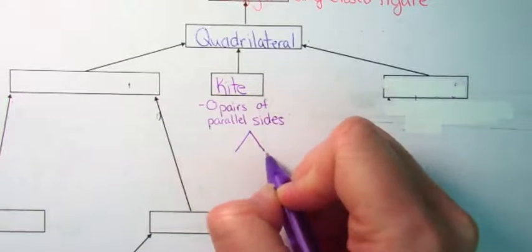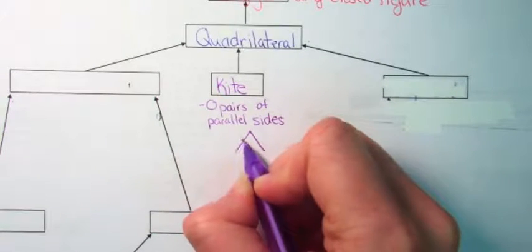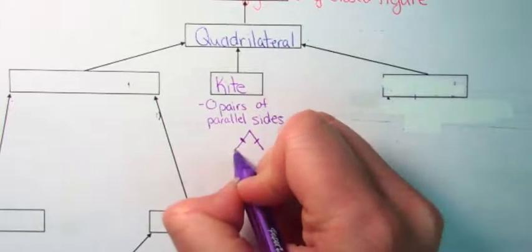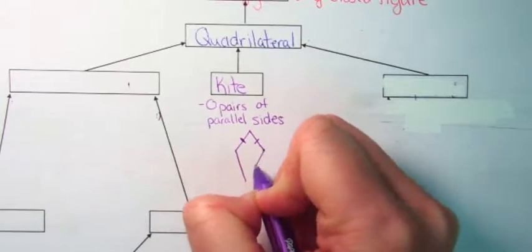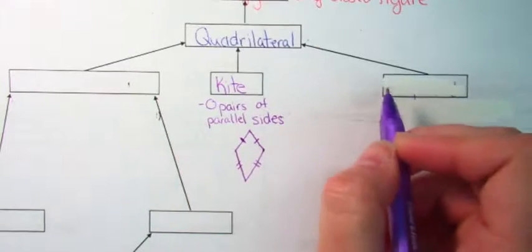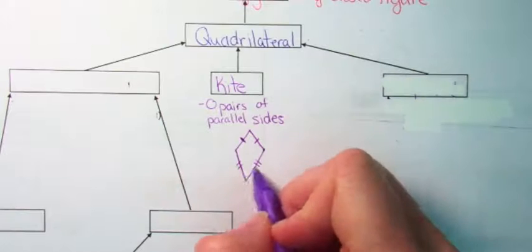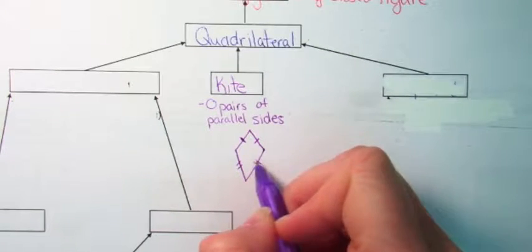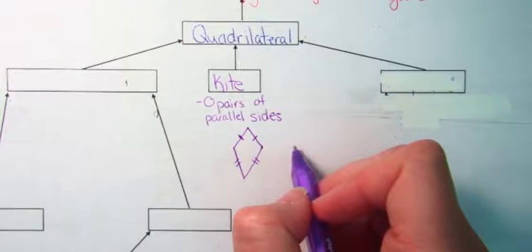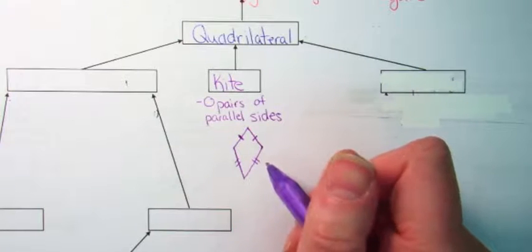Remember the top 2 sides, they're adjacent because they're next to each other, and they're congruent, so we can put a little tick mark on each one. And then the 2 bottom ones are a little bit longer, but they're also congruent to each other. So we put the 2 hatch marks to show that they are congruent to one another. So a kite has 0 pairs of parallel sides.